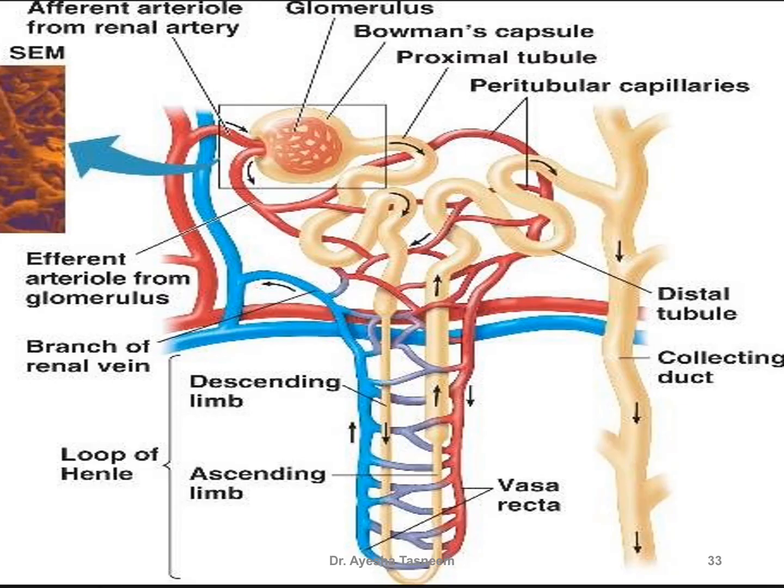Here you can see the glomerular capillaries of renal corpuscles are drained by arterioles. These ramify into another group of capillaries that surround the tubules of the kidney, and finally they drain into the systemic circulation.